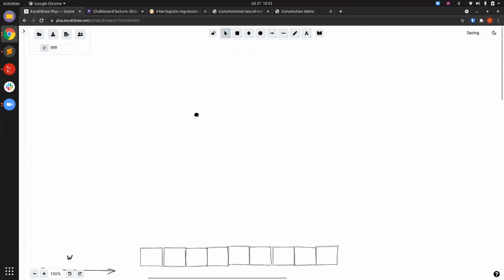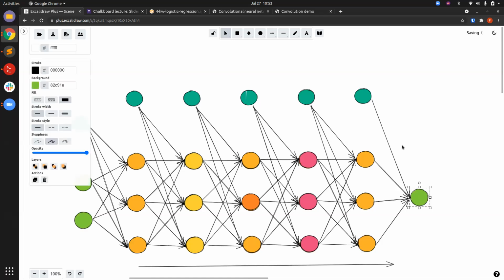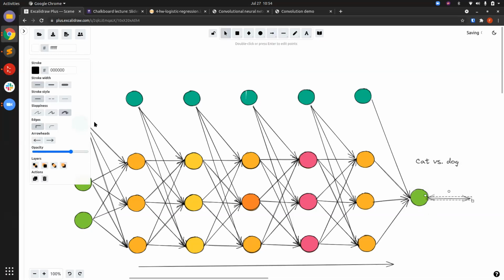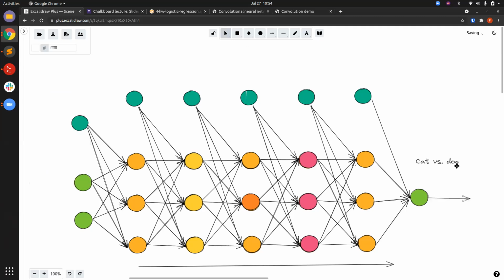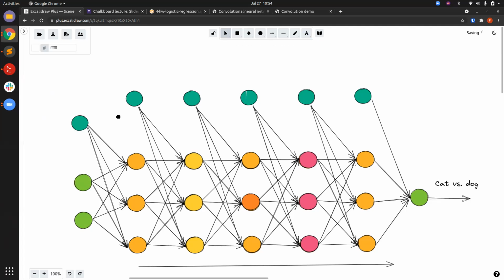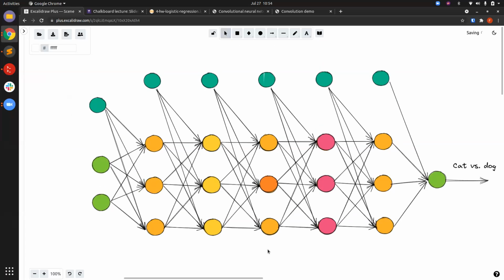Transfer learning is the following idea. Suppose I have a network that I trained to learn cat versus dog. The output of this network tells me whether an input image is a cat or a dog. When I train this network on lots of images of cats and dogs, it will learn a lot of very basic fundamental features of images in general.